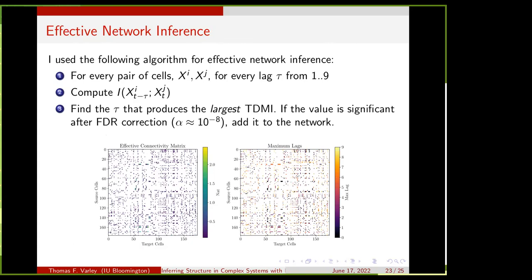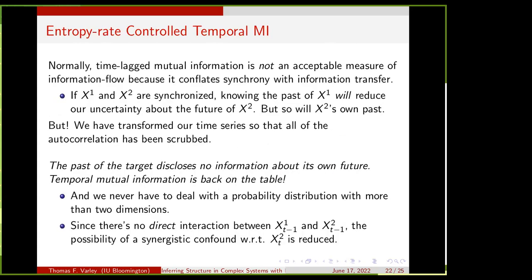Robin Ince did something like that. And there was just recently a really cool paper I saw on Twitter looking at video compression. You can use this when you're compressing video, but the insights about what this might mean for network inference and controlling for synergistic confounds, yes, this is all novel as far as I can tell. Great. Robin Ince may disagree a little bit with that, but he's nice.